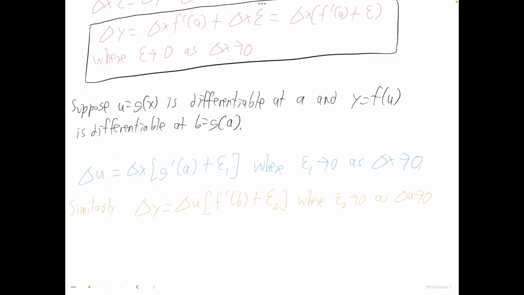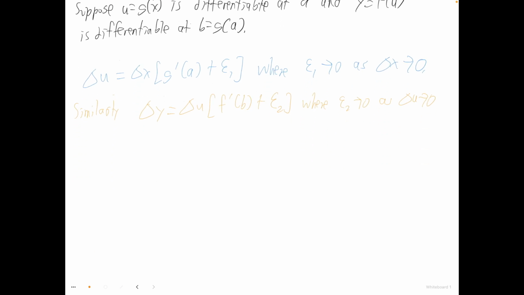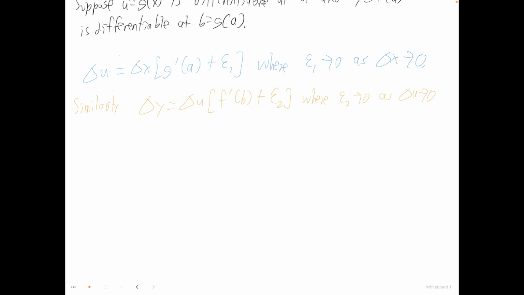Now remember, we care about delta y over delta x, so we're going to rewrite delta y in terms of delta x. We know what delta u is, that's why we found delta u, so we're just going to plug that in.